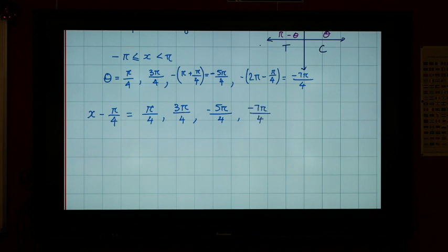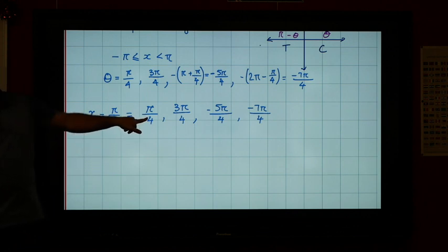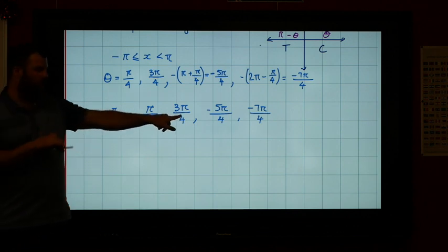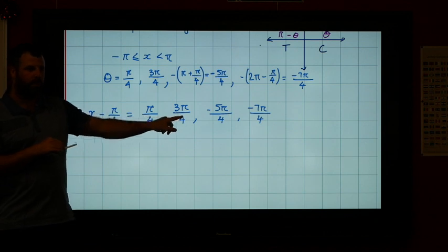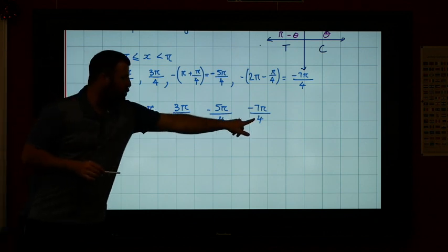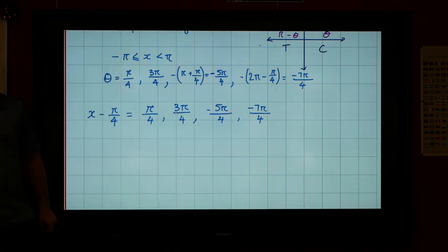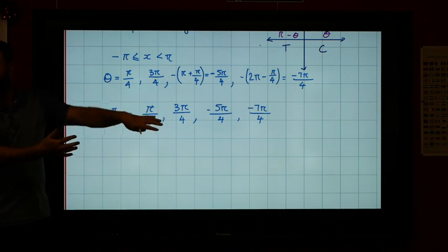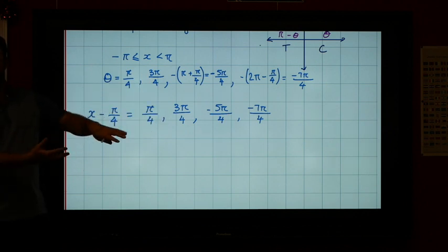Remember, if we wanted to, we could still keep going. These solutions are just going to be cycles. So if we wanted to chuck a second lap around the unit circle, we just add 2 pi to that one, and add 2 pi to that one. We're going to take 2 pi away from these ones because that's the negative rotation. We want to continue going in a further negative direction, that's why we're taking away 2 pi.